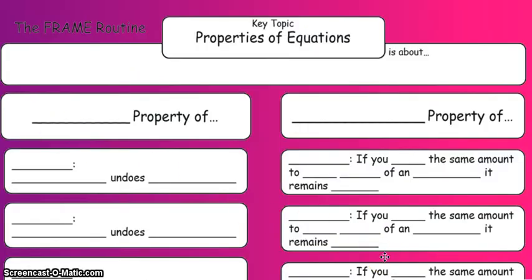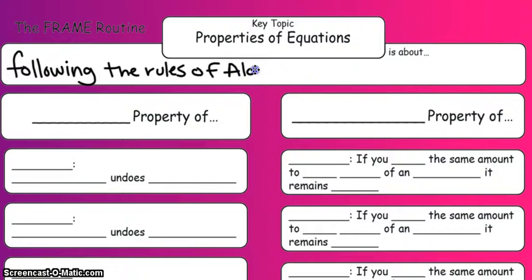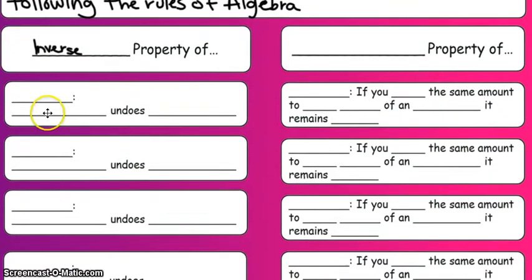Alright, properties of equations. Properties of equations is about following the rules of algebra. Our first column here, we're going to do inverse properties. These are all called inverse property of, and then whatever this first line is.